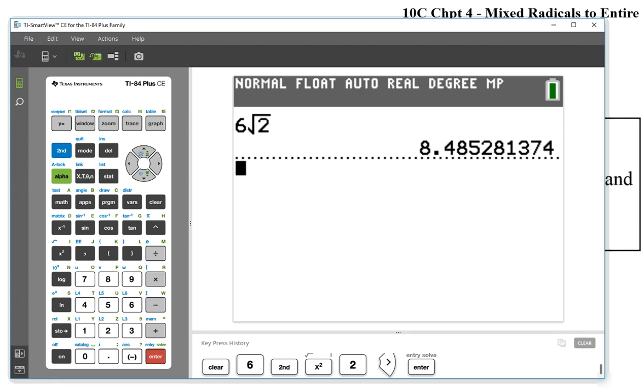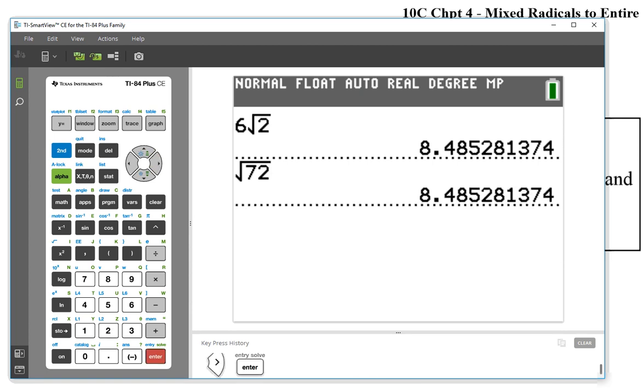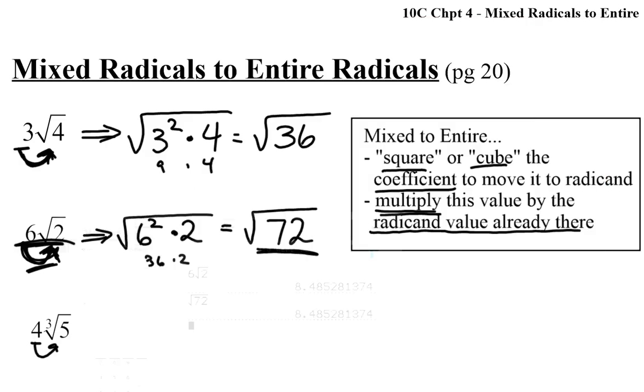We think that 6 root 2 is equivalent to the entire radical root 72. And when we do that, we get the same thing. So that confirms that 6 root 2 and root 72 have the same value, a mixed radical and entire radical, different forms of the same thing.